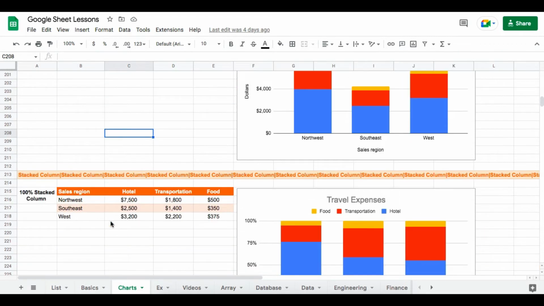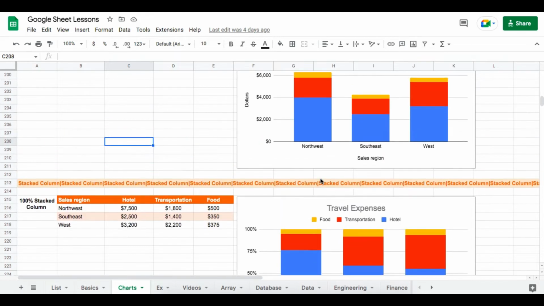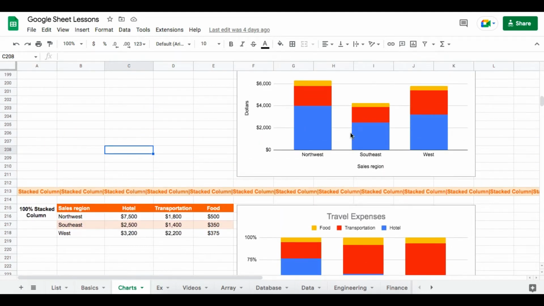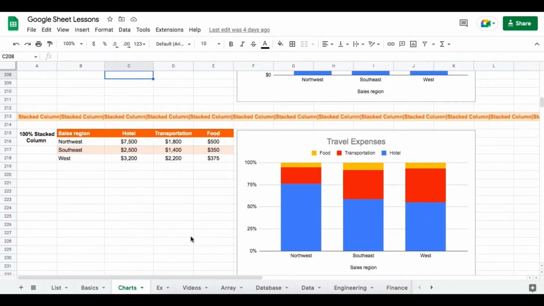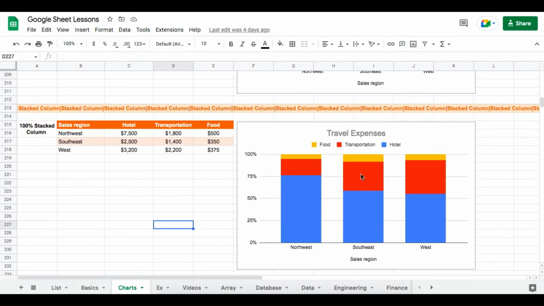Now let's look at the next one. So this is very helpful, the stacked column. However, 100% stacked column is even more helpful, as you can see it looks at the data in a percentage.